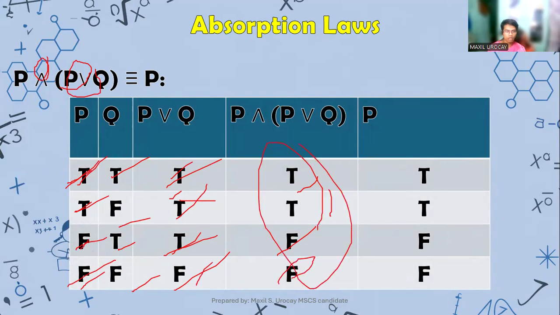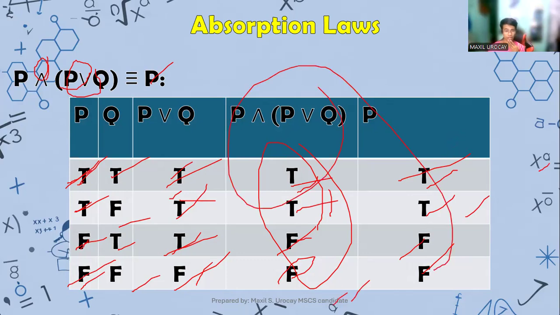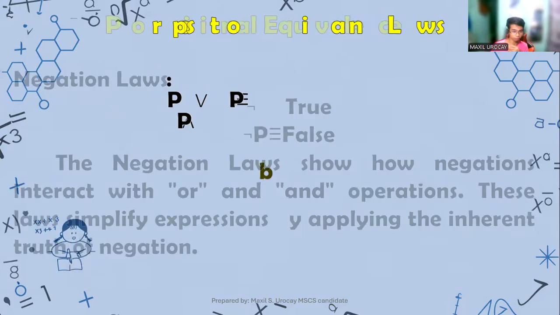So this is the result. Now let's copy the P. P is T, T, F, F. Let's check if they are equivalent. True and true is correct, true and true is correct, false and false is correct, and false and false is correct. Therefore, this is following the absorption law. That is really so simple.